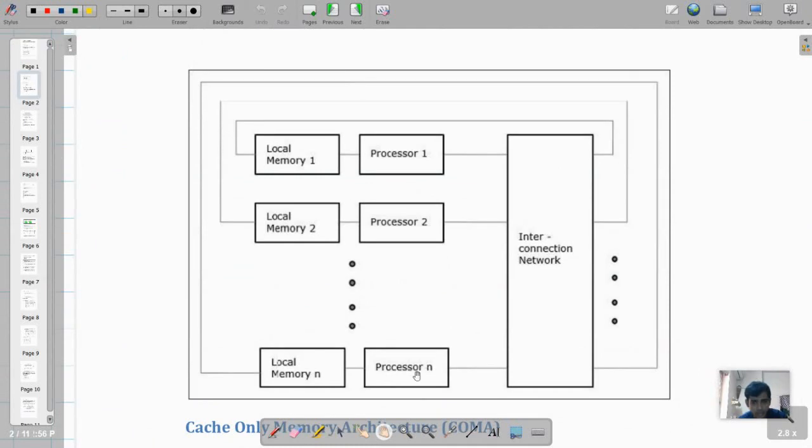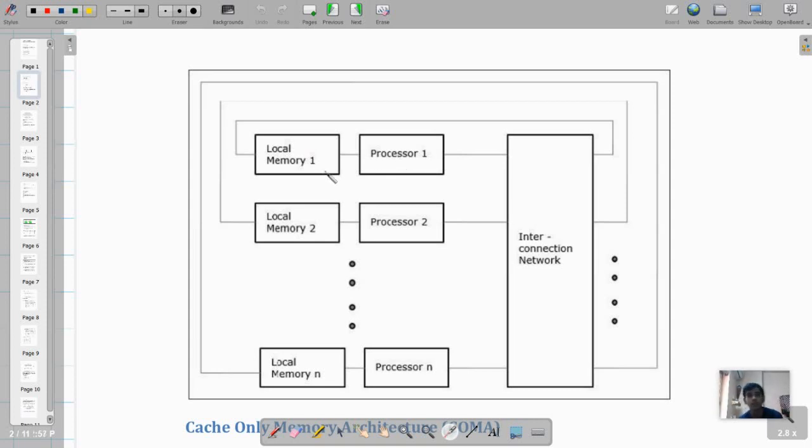Just look into this diagram. Here again you have n number of processors, and here is your memory unit. Now, if you look into the memory unit, you can find that for n processors, this global memory unit is split into n different memory units, and different memory units are assigned to different processors to act as local memory to the particular processor.